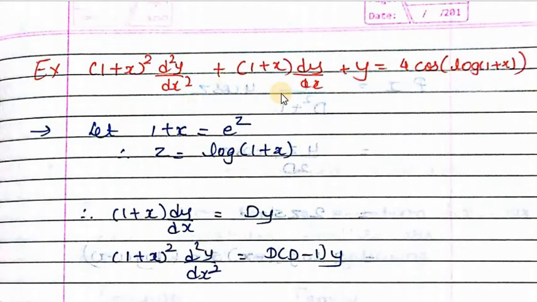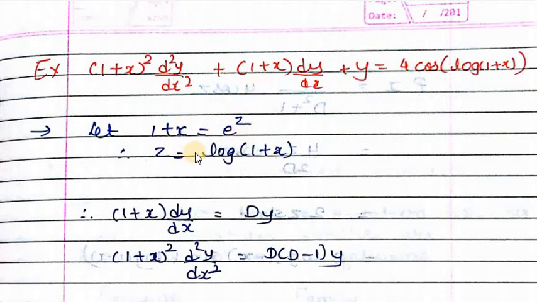Now we will see the second example, that is this one. Again you can see that with dy by dx we have (1 plus x) raised to 1, and with d square y by dx square we have (1 plus x) the whole raised to 2. So this is a Legendre differential equation. So let 1 plus x equal e raised to z.